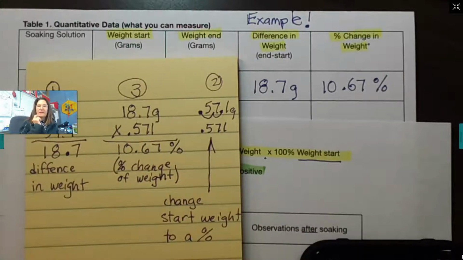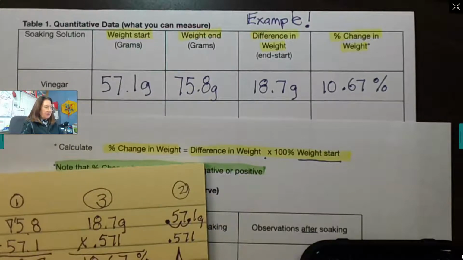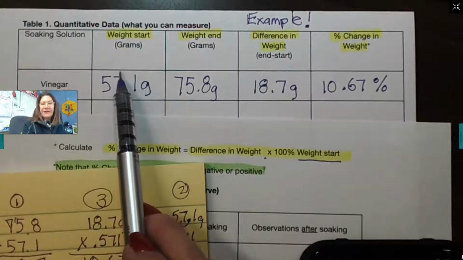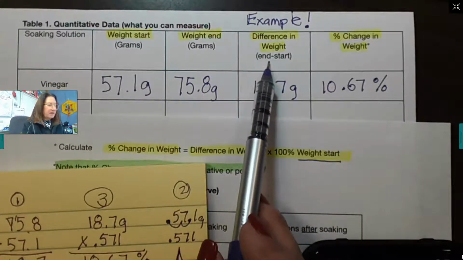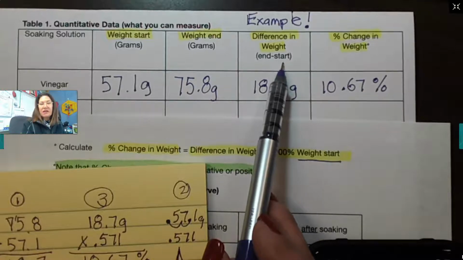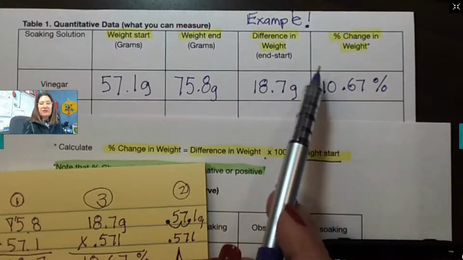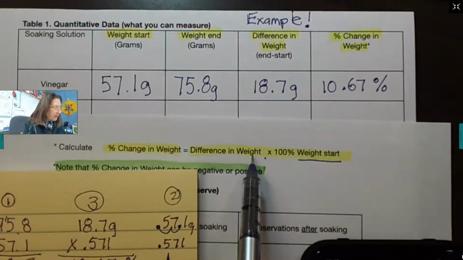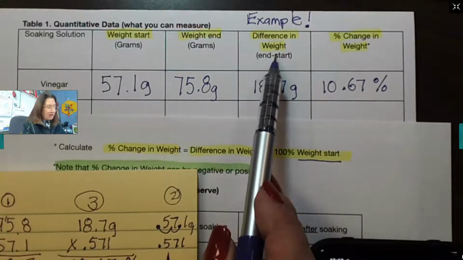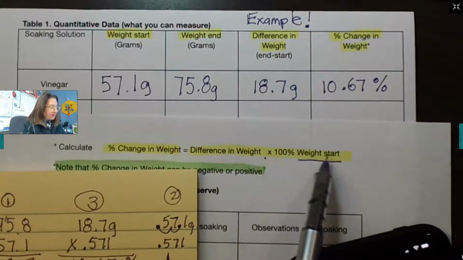Alrighty. So we had a couple steps we took. So from our start weight and our end weight, the difference is our end minus the start. And then we need to get the percentage of change, and we can see here that equals the difference in weight, which is this, times 100% of the start weight.